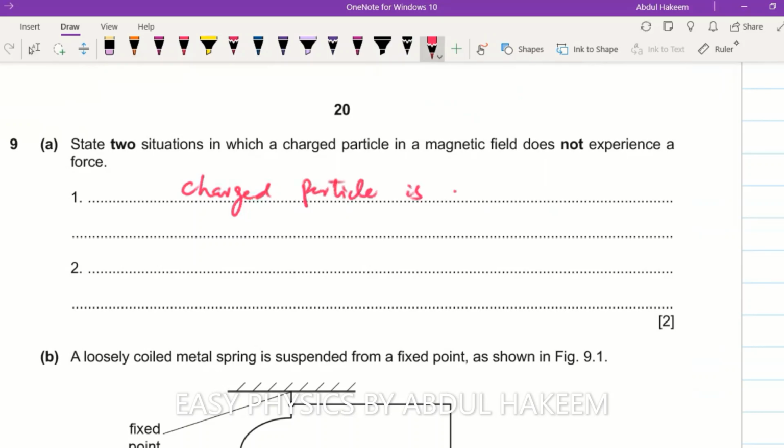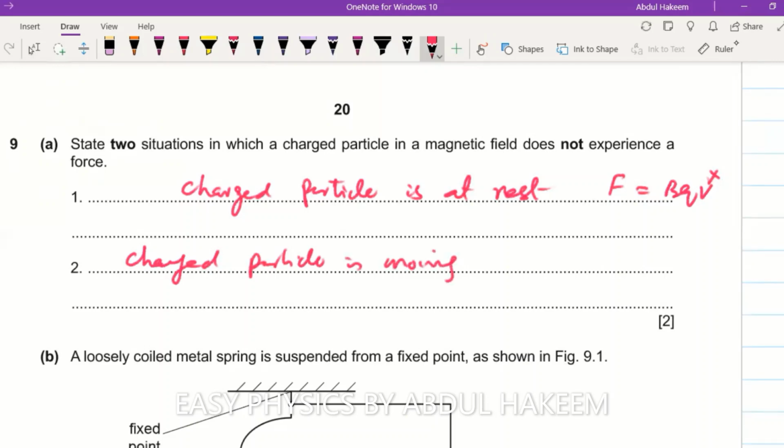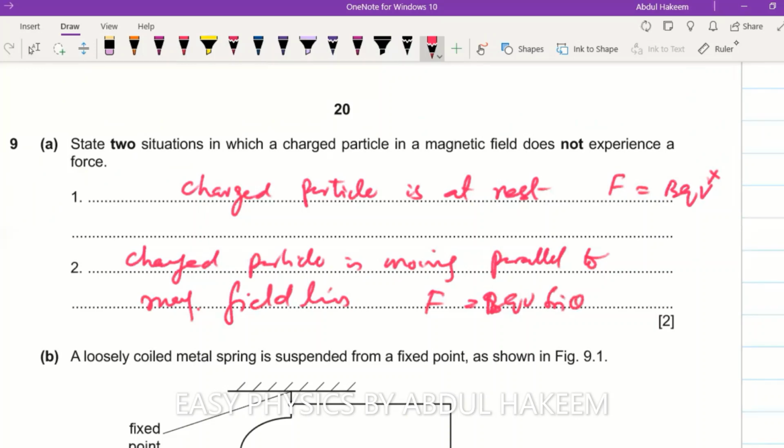When the charged particle is at rest, it experiences no force because F is equal to BQV, so when v is 0, force is 0. The other situation is when the charged particle is moving parallel to the magnetic field, because the formula is BQV sin theta. When theta is 0 for parallel, the force becomes 0.